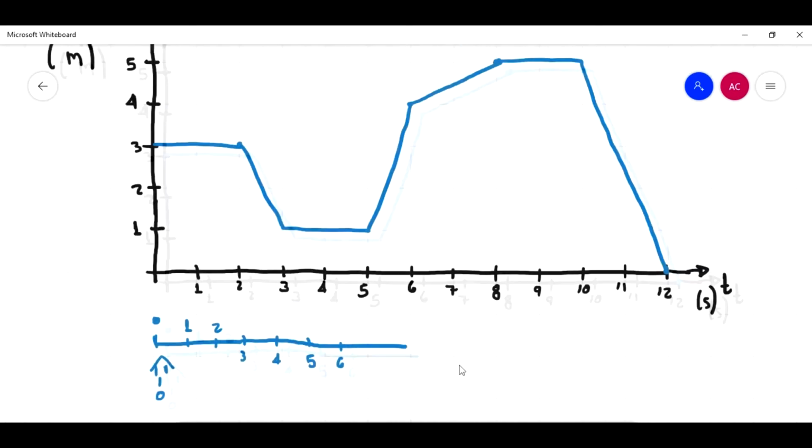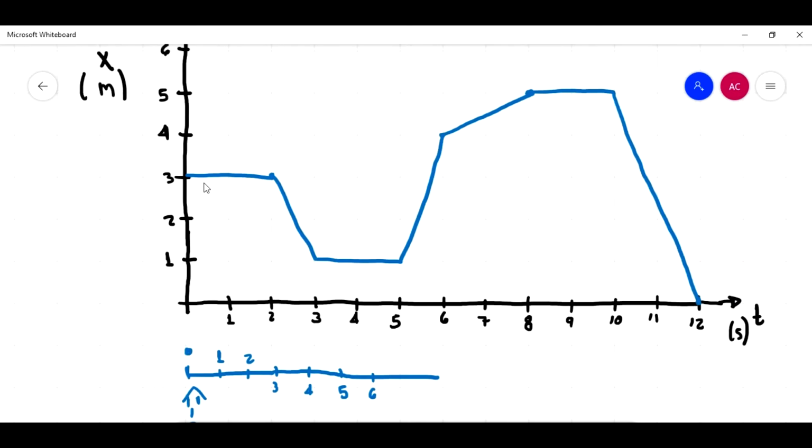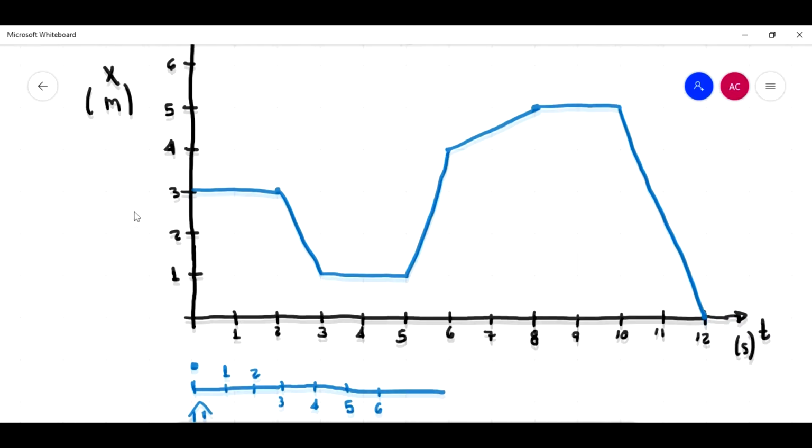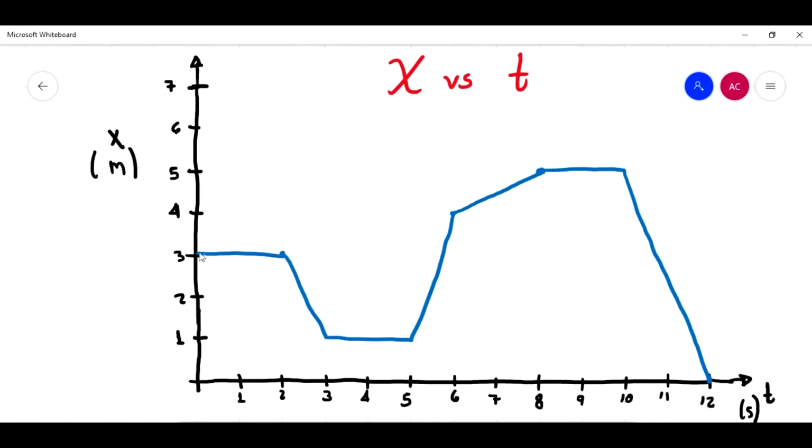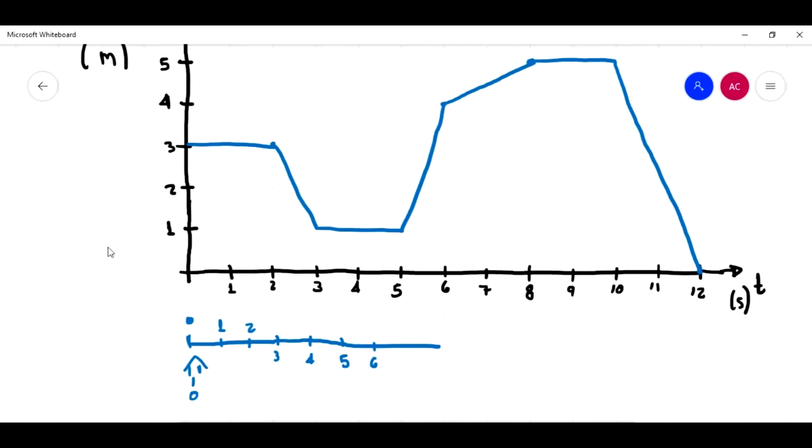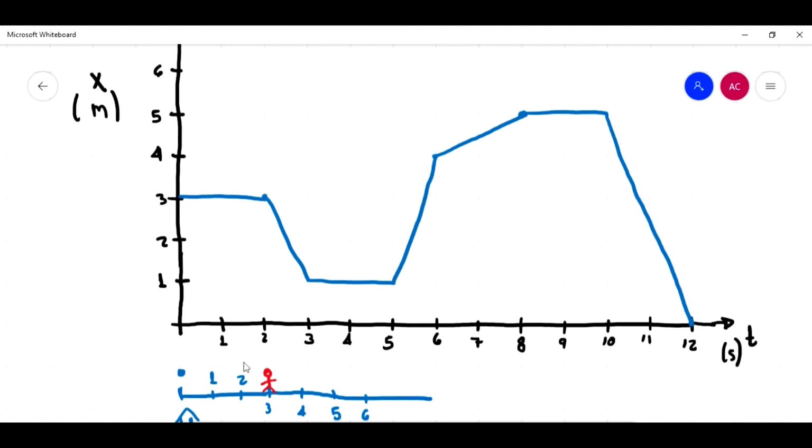So for example, in this problem, you can see the line begins at 3 meters. Do you see that? 3 meters. So the person starts the motion here. That's the person, and that person is going to remain at 3 meters for how long? For 1, 2 seconds.